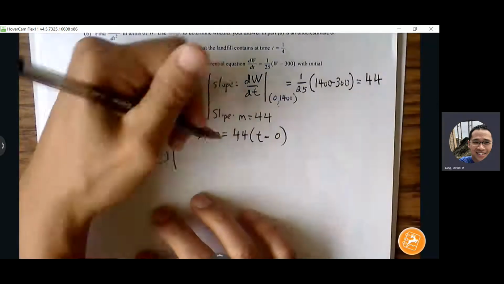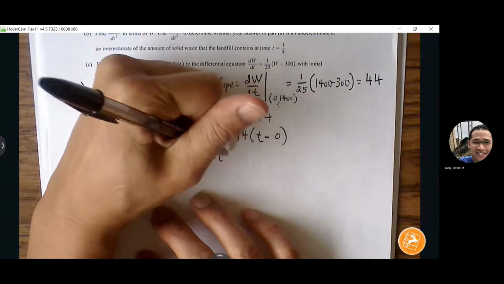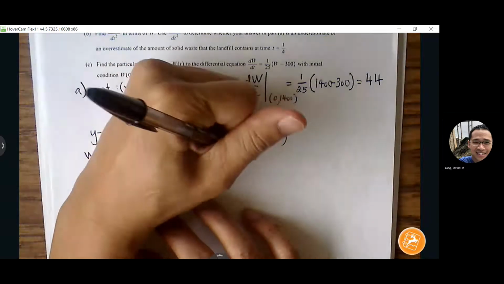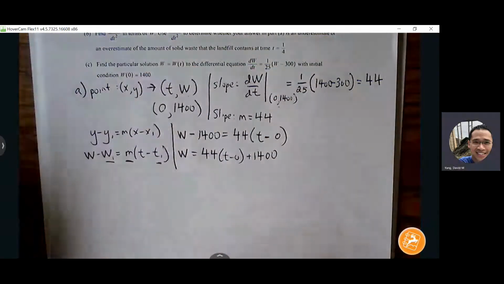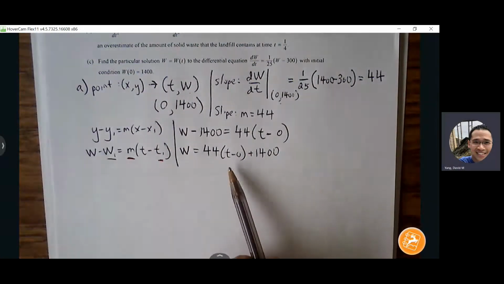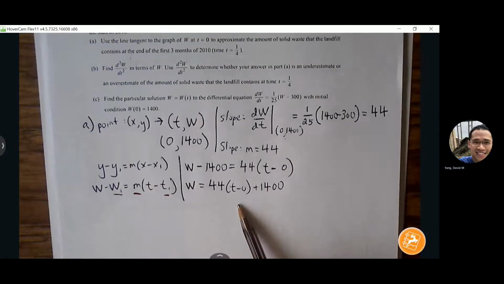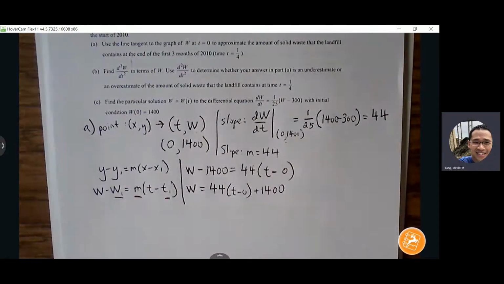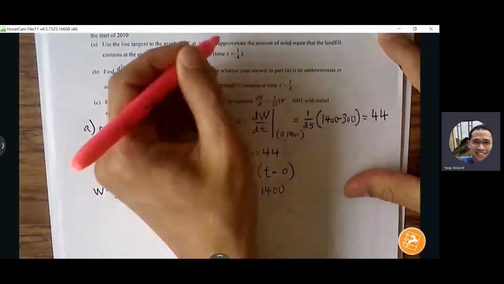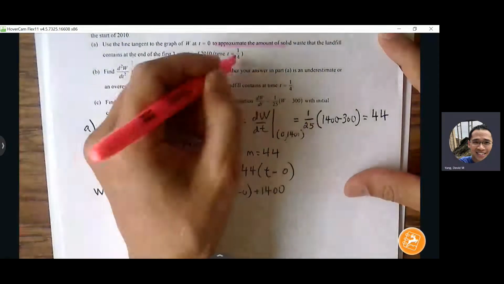Let's get that w by itself. Okay, so there's our tangent line equation. And then the second part of A says, use the tangent line to approximate using t equals 1/4.